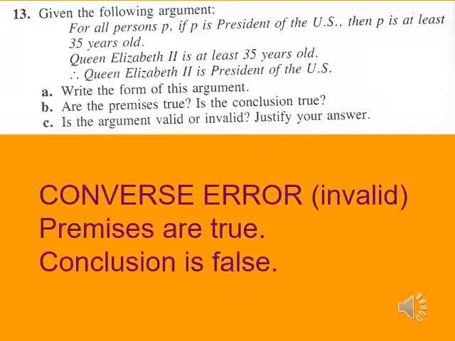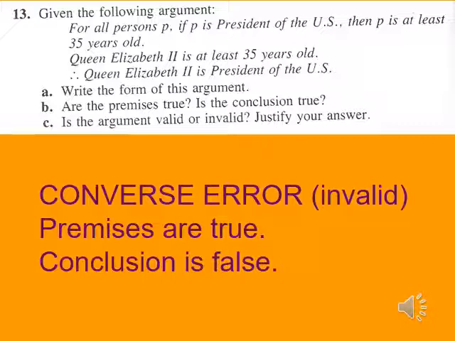Now, they mention a couple of terms here that I didn't specifically define last week. Premises are just the arguments that go into making a conclusion. Here, it's the facts that to be president, you got to be at least 35, and Queen Elizabeth is at least 35. Those are the premises, and they do both end up being true.